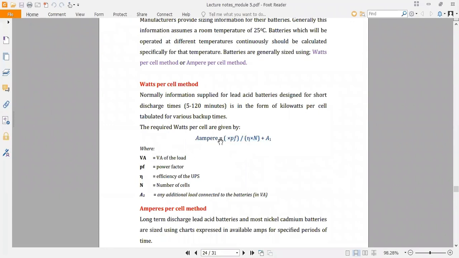So this is the volt ampere of load 1 into power factor divided by efficiency into number of cells, plus again the volt ampere of the second load into power factor divided by efficiency into number of cells. Like this we can add for each and every load. Okay, and the sum will give the total ampere rating which is required for the battery.